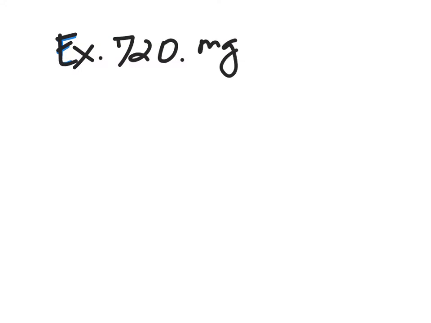In our first example, let's say that we have 720., and I'm going to put a decimal point there so I can keep track of my sig figs, 720 milligrams of thujone, and we dissolve it in 43.5 milliliters of solution.